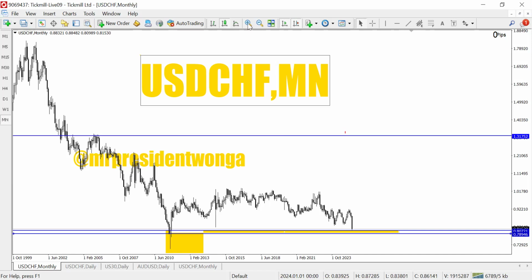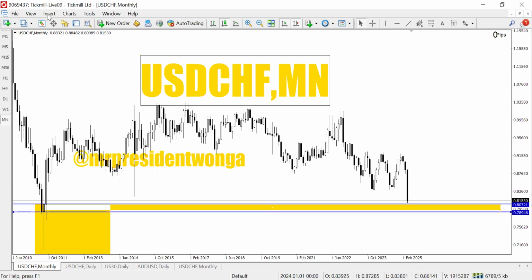There was a bullish movement in terms of the dollar. The dollar started moving up, and then retest, and then started moving sideways, then again moved up, and then started dropping. So it is right there at the demand.